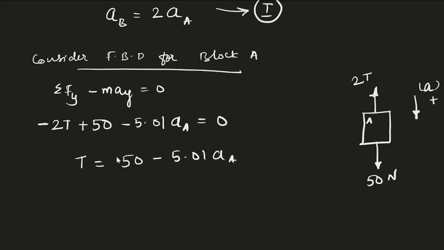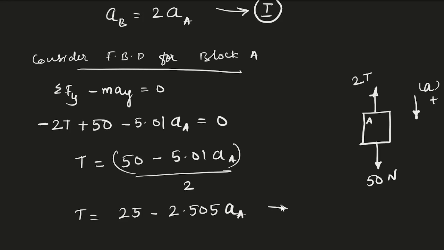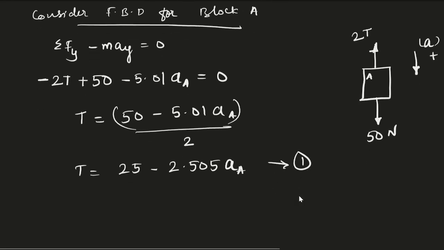Okay, so T will be equal to 25 minus, if I divide 5.01 by 2, it's 2.505 A suffix A. This is your first equation from block A.